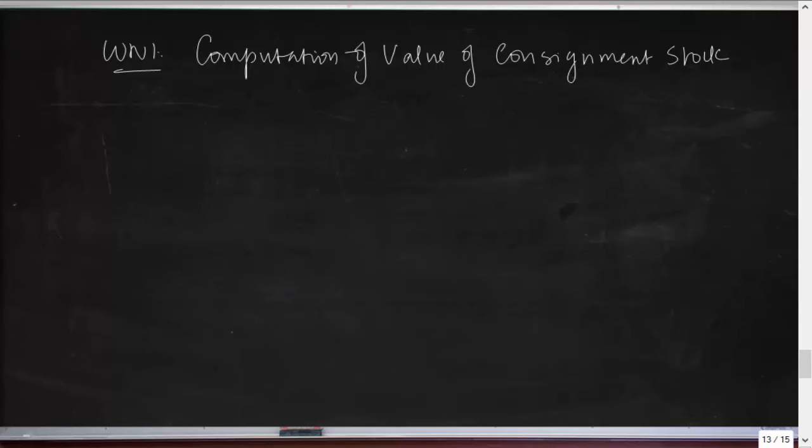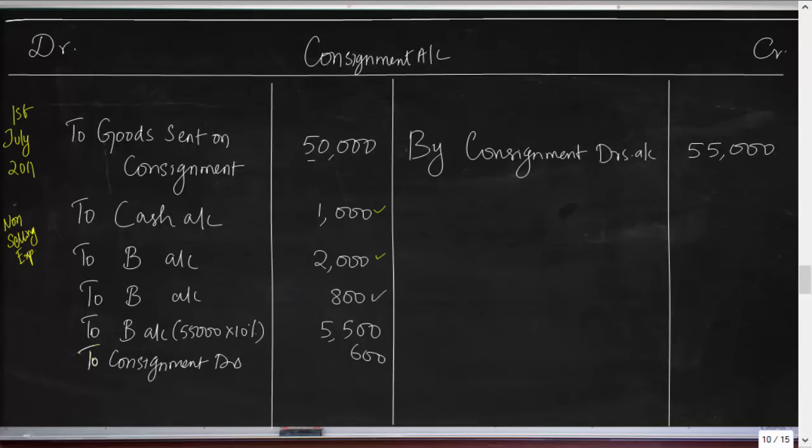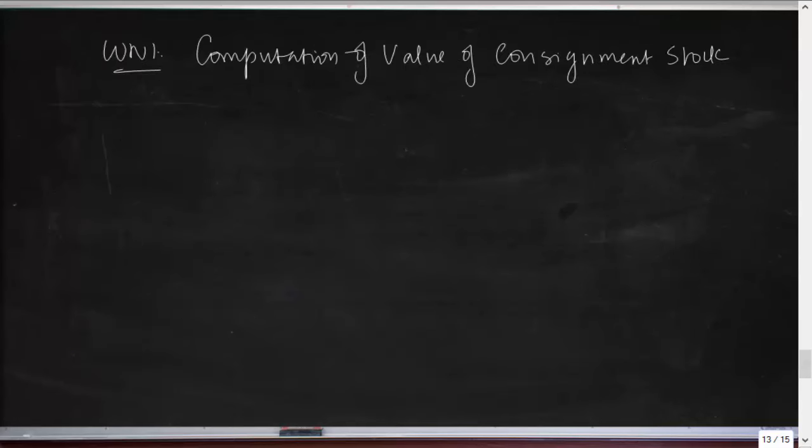Now, how to find out the basic cost of the stock that is still with the consignee? We know the value of goods sent by consignor is 50,000. So let me write that: cost of goods sent by consignor is equal to 50,000.